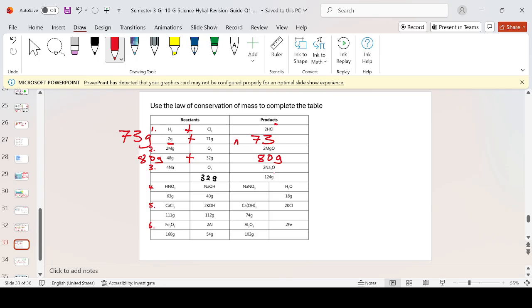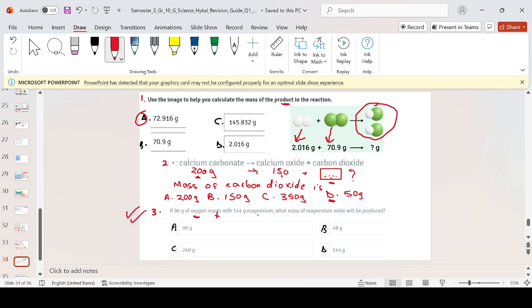From the laboratory process to separate water into hydrogen and oxygen. So you are starting with water. You are separating it, so you are making hydrogen and oxygen. These are the products. A student collected 10 grams of hydrogen and oxygen.